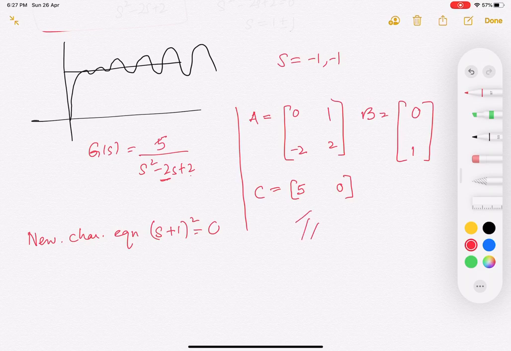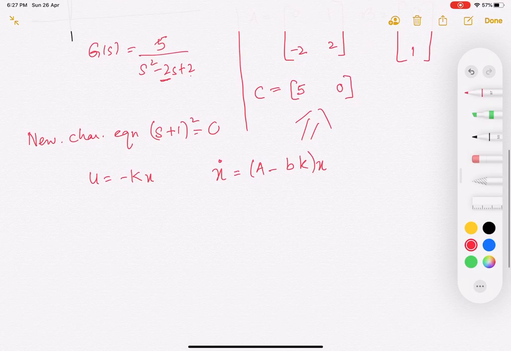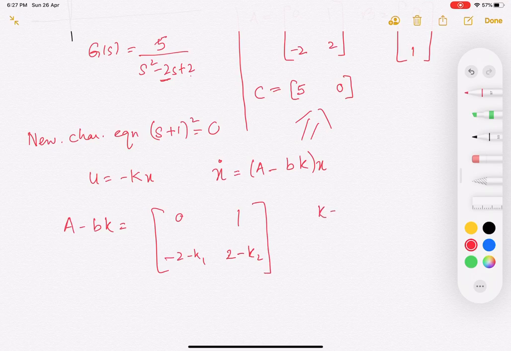Now, in this system, if you apply the control law u is equal to minus kx, you remember that the new state space representation of the plant becomes x dot is equal to A minus BK x. So you have A minus BK equal to 0, 1, minus 2 minus k1, 2 minus k2, because K would be k1, k2, and BK would be 0, 0, k1, k2.